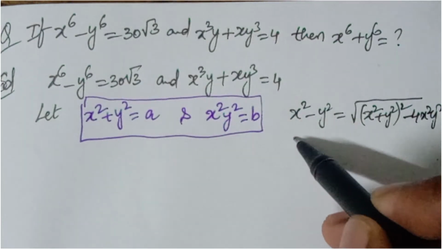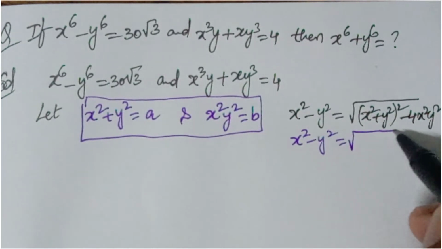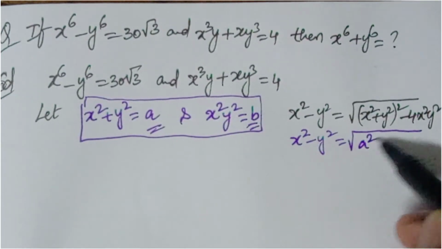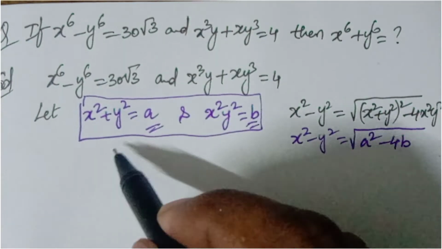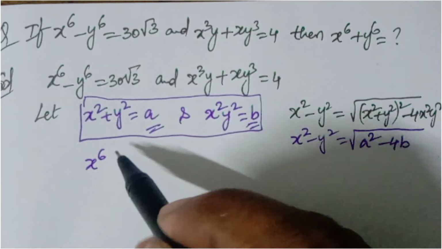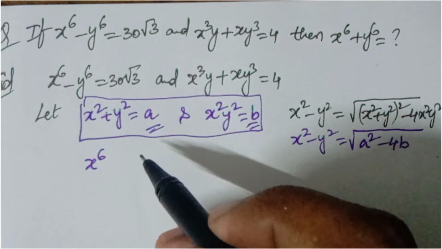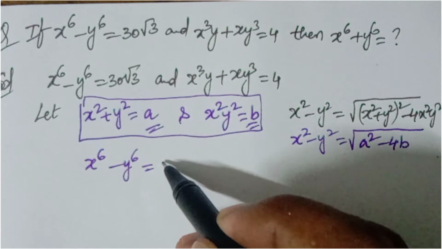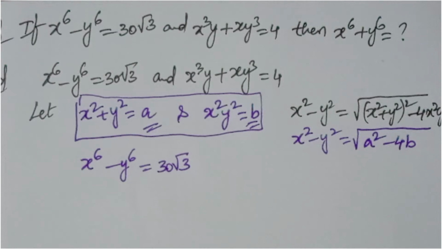So in terms of a and b, x square minus y square is root of a square minus 4b. Now I want to find x power 6 minus y power 6, which is equal to 30 root 3.